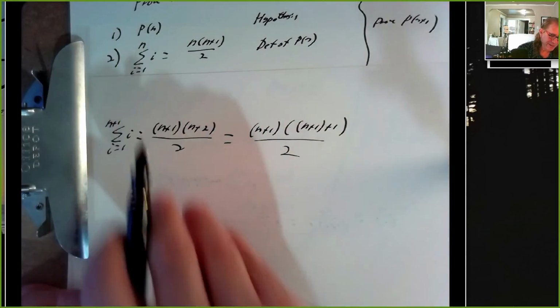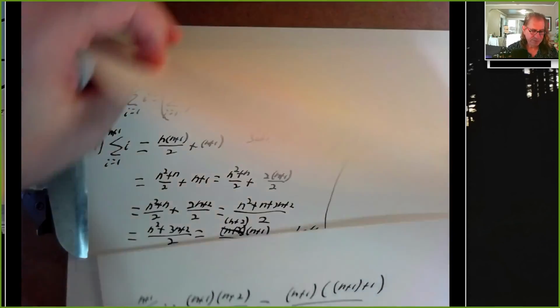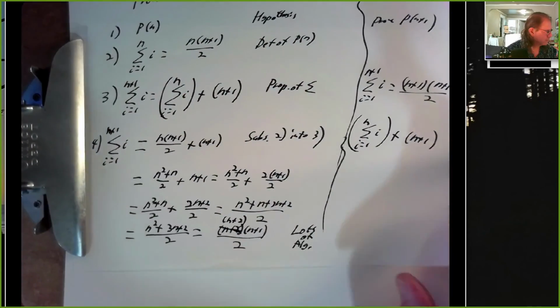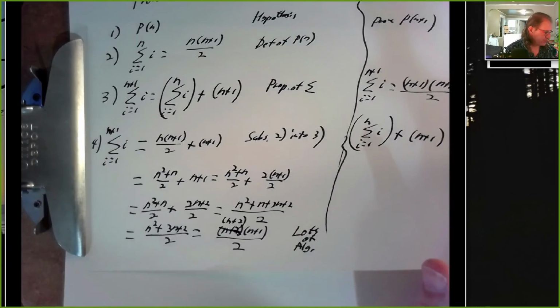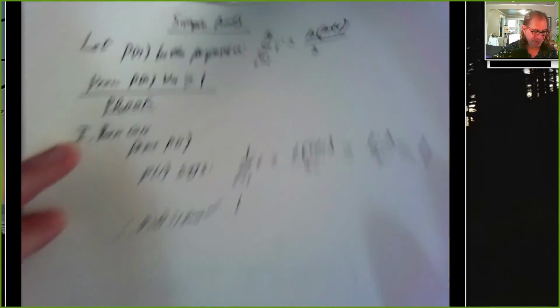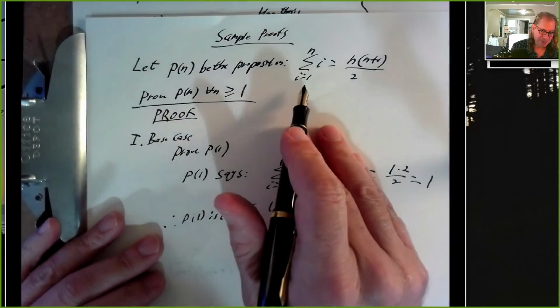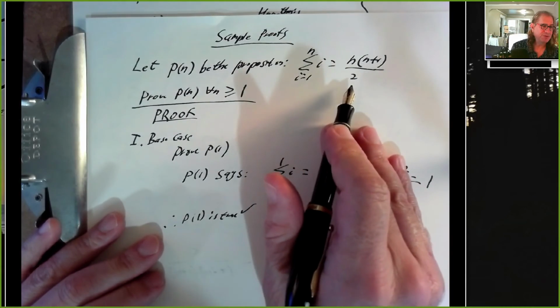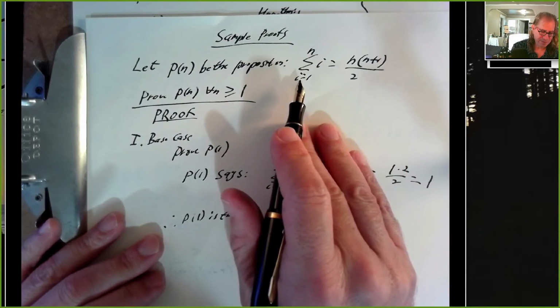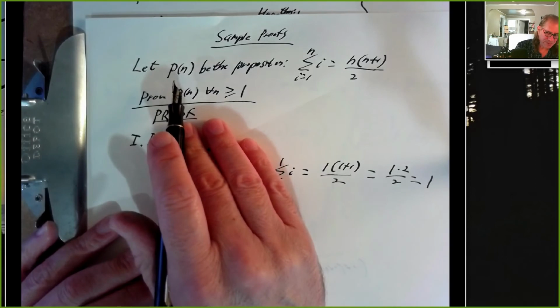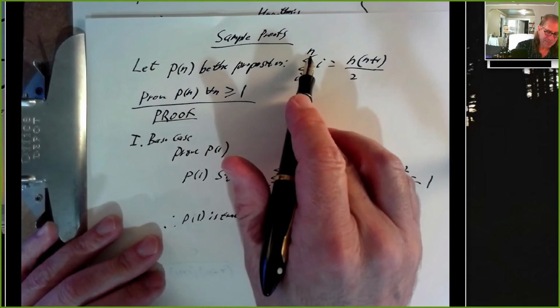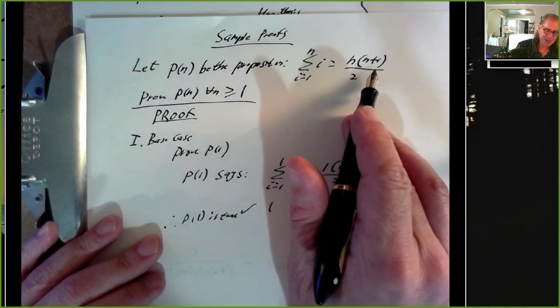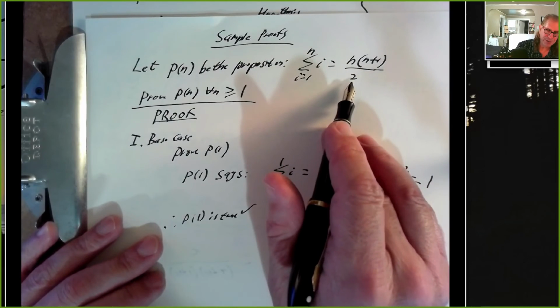P of n is the proposition that the sum from 1 to n is n times n plus 1 over 2. P of n plus 1 would be the proposition that the sum from 1 to n plus 1 is n plus 1 times n plus 1 plus 1 over 2.